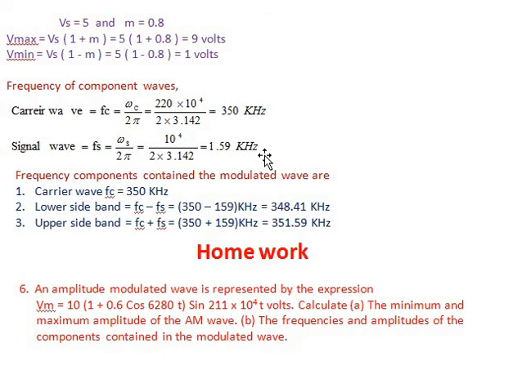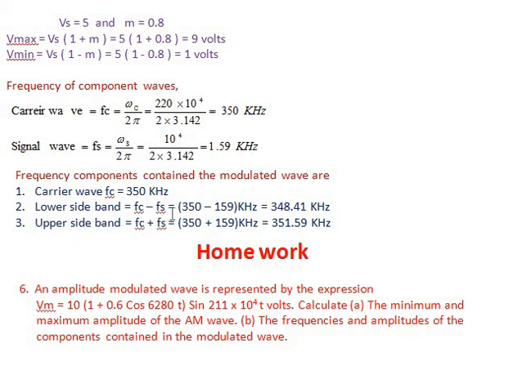Okay, so next is the frequency components contained in the modulated wave. So again, carrier frequency Fc is equal to 350 kilohertz. We found signal frequency Fs is equal to 1.59 kilohertz. Then the lower sideband frequency LSB and USB.